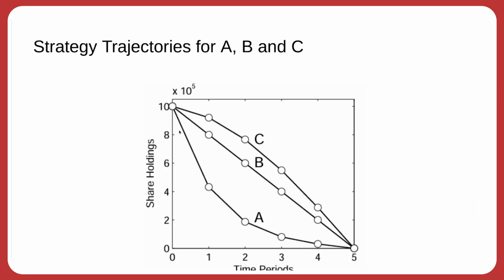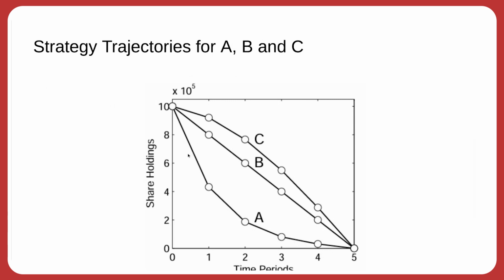This is a typical example of this, A. When we set our kappa in a certain way, what we get is this interesting execution profile where at the beginning of our period, we're usually liquidating a larger proportion of our portfolio. Then as time goes on, we're liquidating less and less. And right at the end of the time, we usually only have a few small positions left. So this A here is a typical profile.